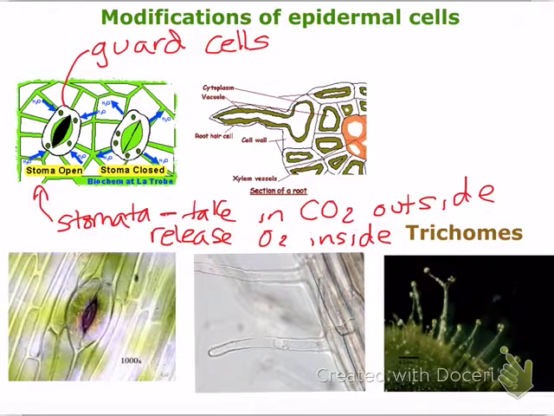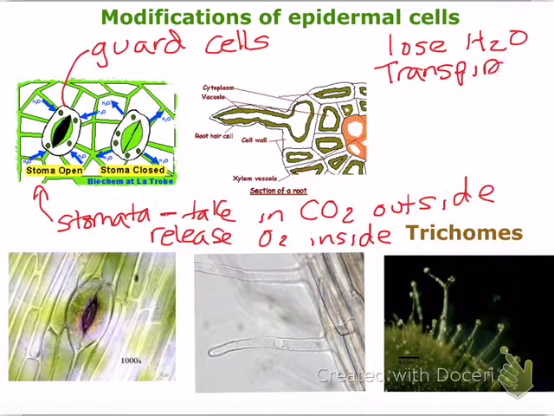The stomata can also lose water in a process called transpiration. So, if the outside environment is very hot, a plant can lose water through the stomata if the stomata are open.